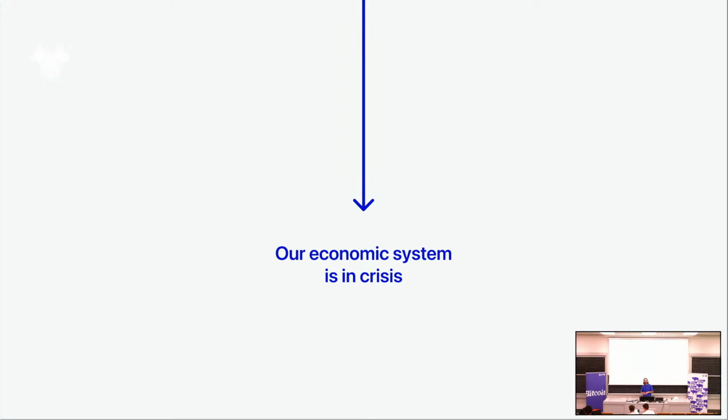For example, we have had a lot of big bank failures. This is just from the US in the last 25 years. And this is the symptom of a whole system which is deeply based on debt and money printing.